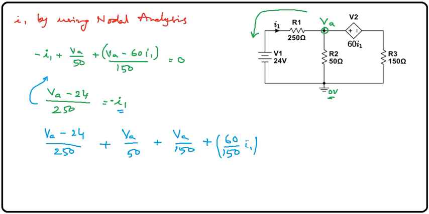Let me remove this part, so I1 should be like this, minus of, or you can write simply 24 minus VA divided by 250 is equal to 0. Oh, it's minus only, so minus I1.